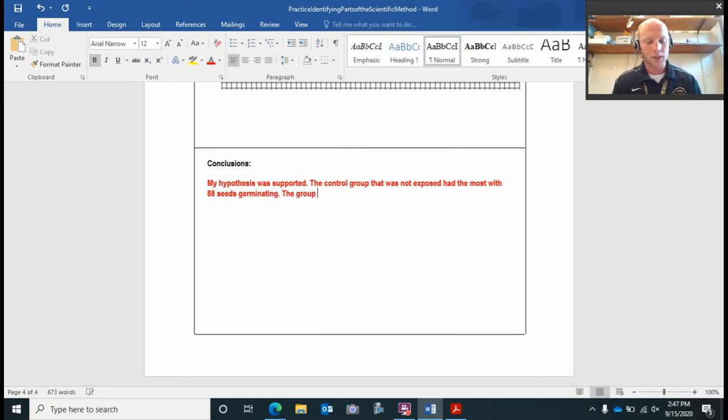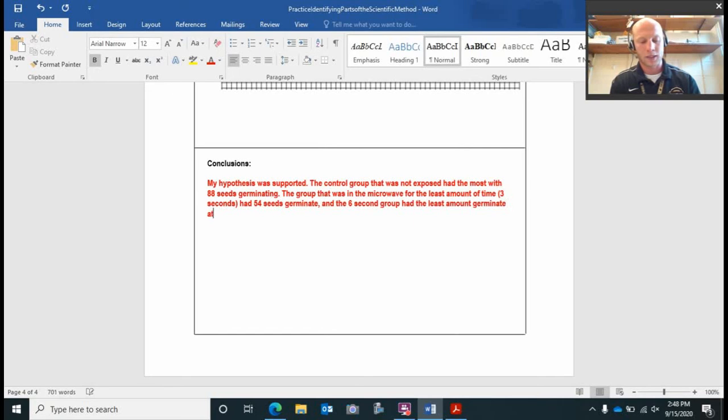The group that was in the microwave for the least amount of time, which was 3 seconds, had 54 seeds germinate, and the 6-second group had the least amount germinate at 26. So why was this?